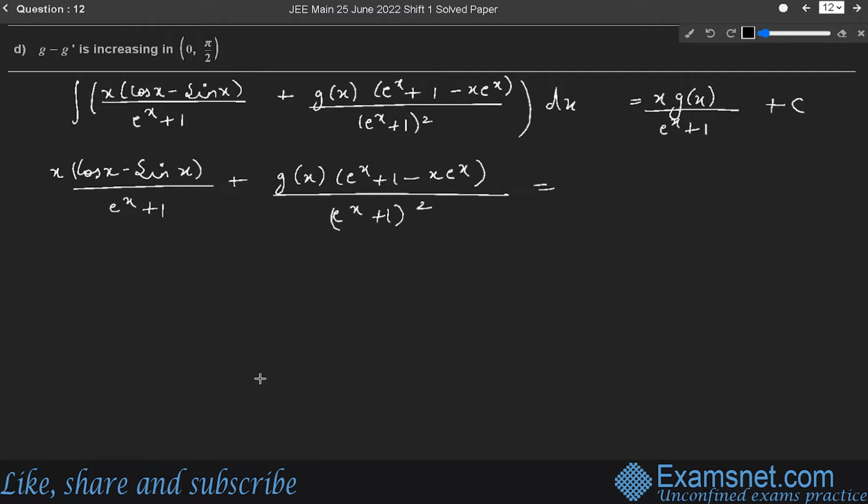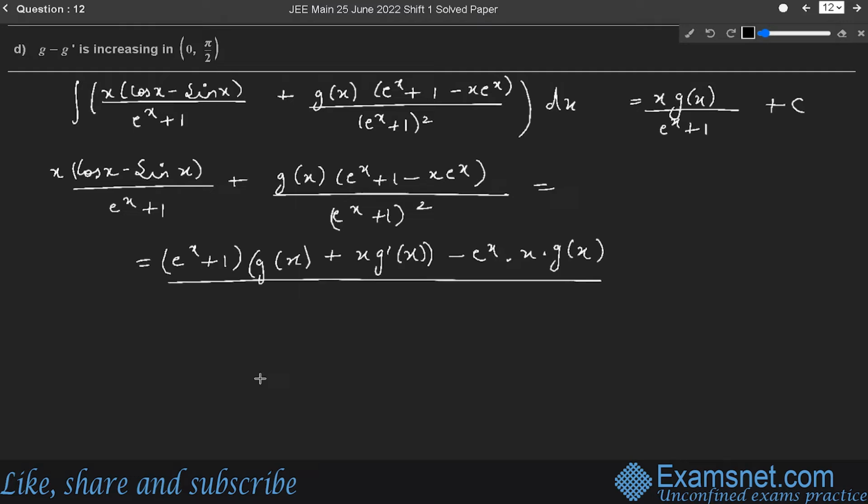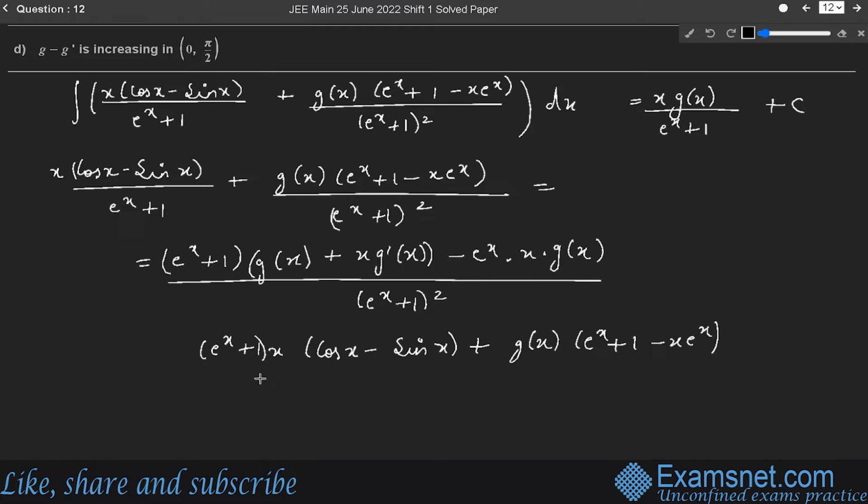This will be equal to [(e^x plus 1) into g of x plus x into g dash x minus e^x into g of x] divided by (e^x plus 1) whole square. Again into (e^x plus 1) into [x into cos x minus sin x] plus g of x into [e^x plus 1 minus x into e^x].